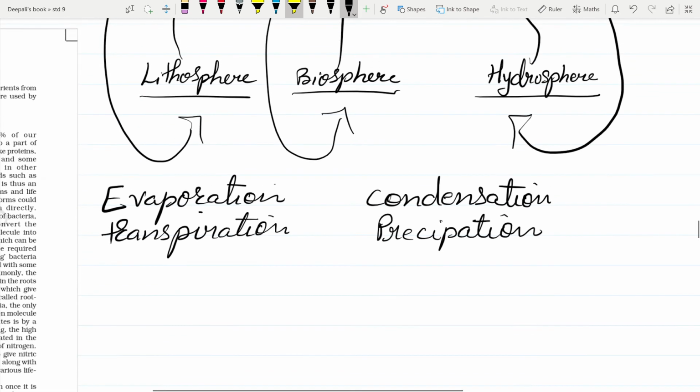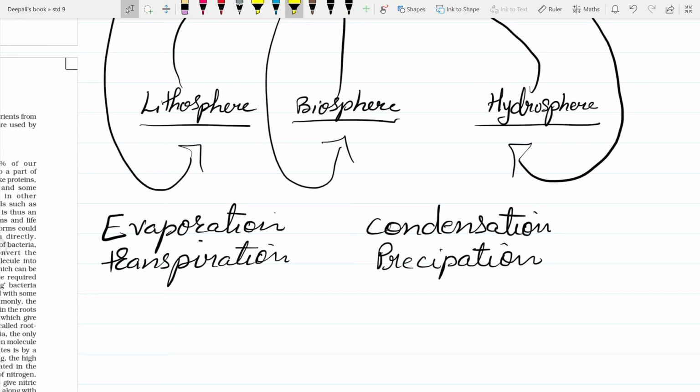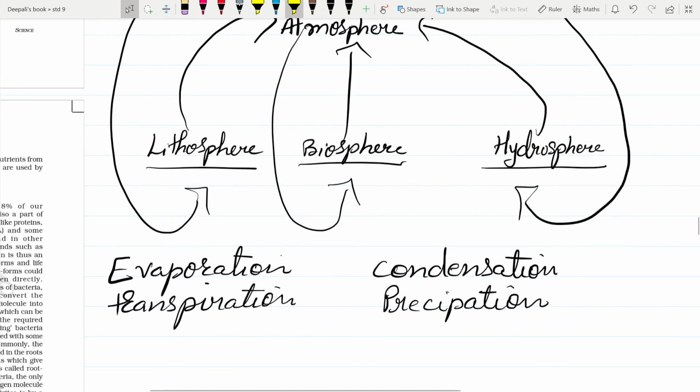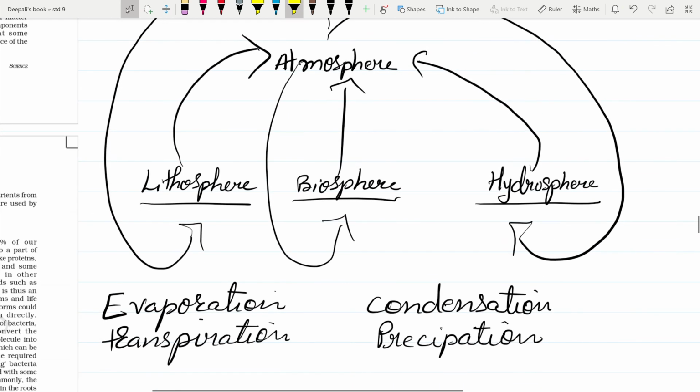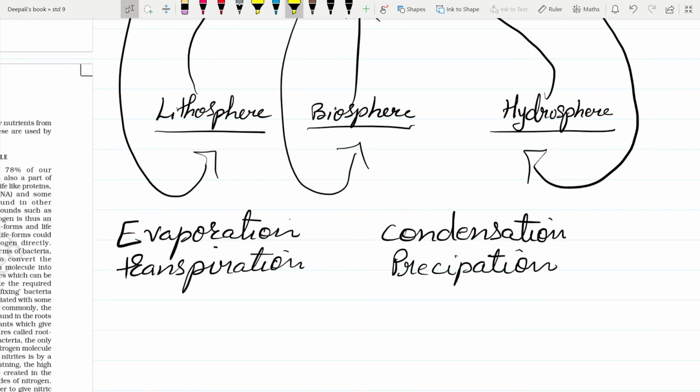So by the process of evaporation and transpiration, the water moves from the lithosphere, biosphere and hydrosphere to the atmosphere, and by the process of condensation and precipitation, water comes back to the three spheres from the atmosphere in form of rain. And the source for the evaporation and transpiration is sunlight or the sun's heat.